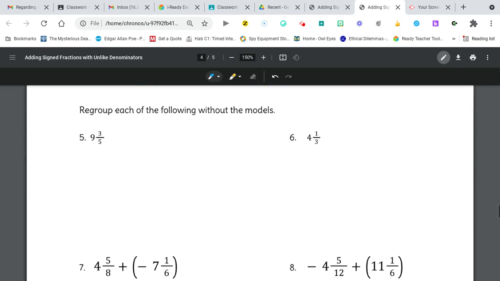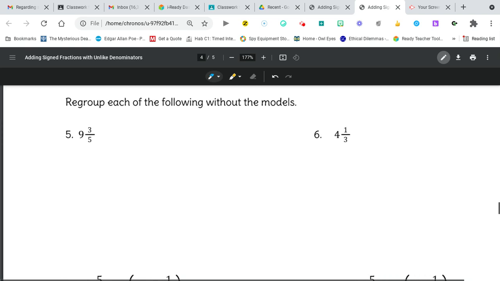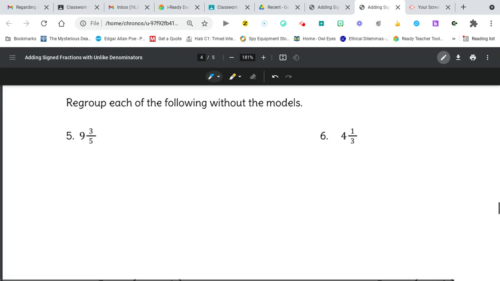So let's take a look and see if we can do it without models. Regroup each of the following without the models. So what I want to do is take one of those 9 whole circles, so that instead of having 9 whole circles, I have 8 whole circles. But that one whole that I borrowed is the same as 5 over 5.